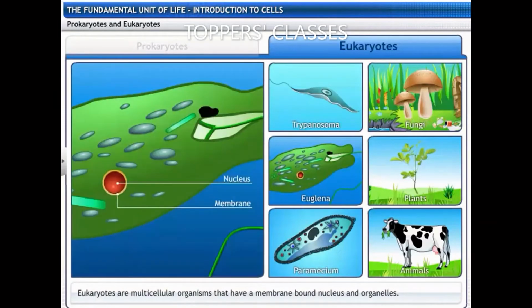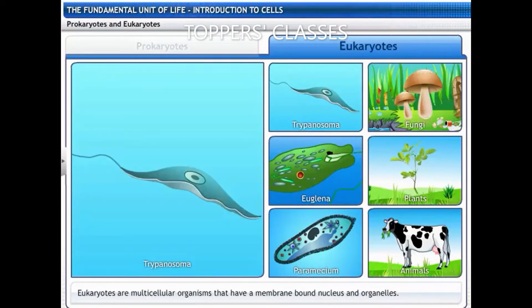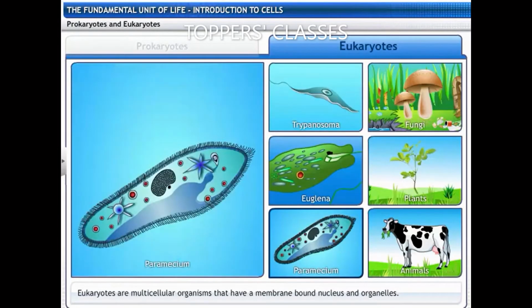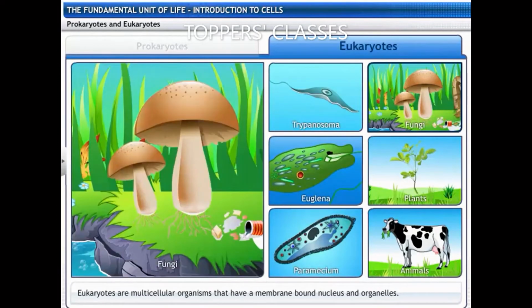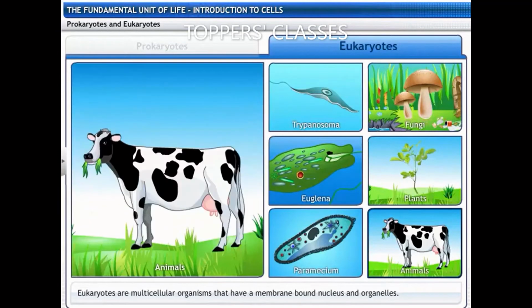Eukaryotes are characterized by membrane-bound nucleus and organelles. Eukaryotes can be unicellular, such as trypanosoma, euglena, paramecium, or multicellular such as fungi, plants, and animals.